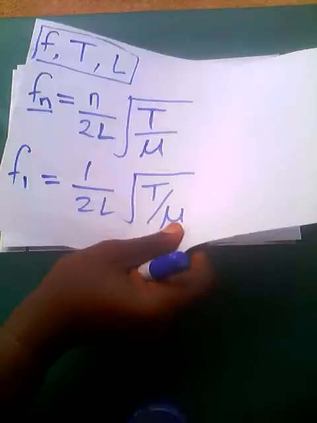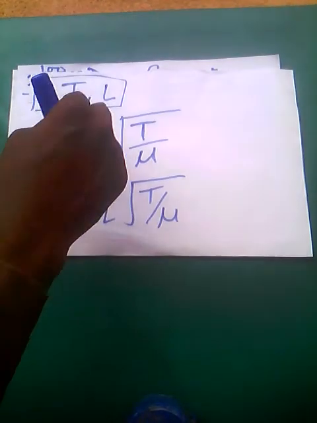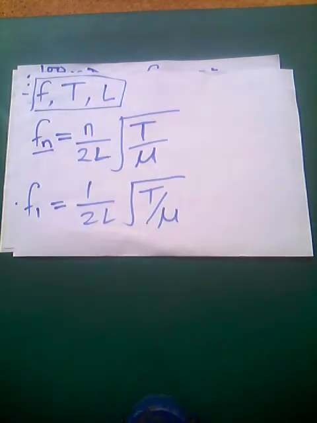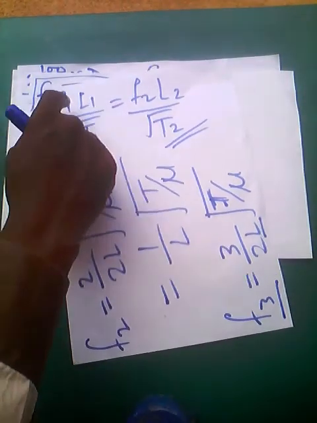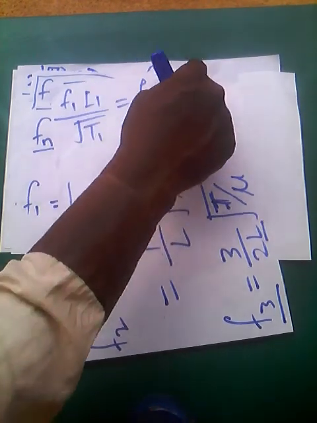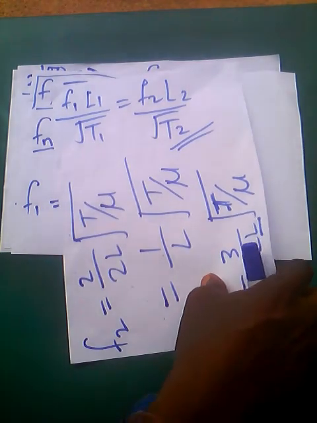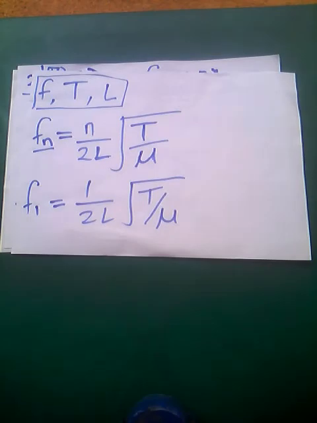They are related by Fn is equal to n over 2L root T over linear density. And finally, once you bring everything down, you have F1 L1 over root T1 is equal to F2 L2 over root T2. Thank you very much. I wish you all the best. Happy learning.